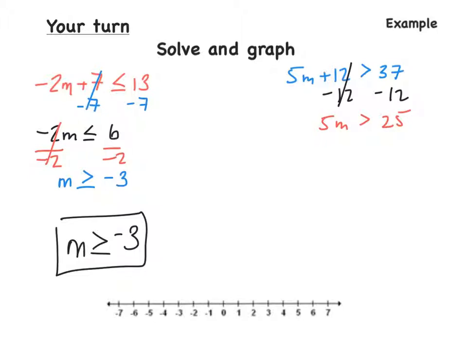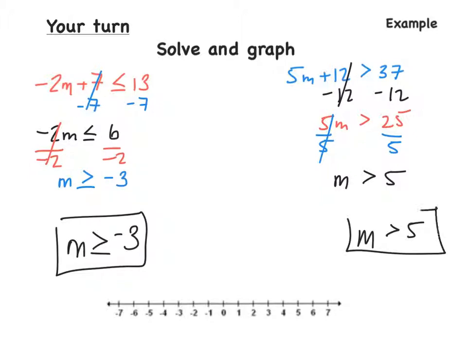To get m by itself, you have to divide by a positive 5 on both sides. So we'd have m is greater than 5. So now we have our second inequality. m is greater than 5. So, looks like m is on the left side of both inequalities, so now we can graph.